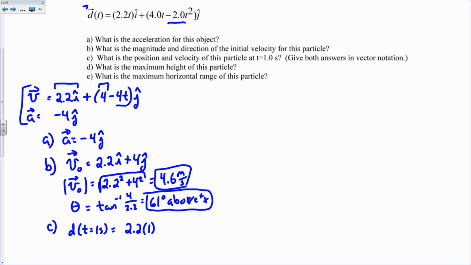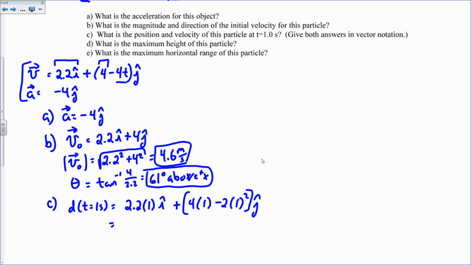That's from this function up here in the i direction, plus 4 times 1 minus 2 times 1 squared. That's in the j direction. All right, so that's equal to 2.2i plus 0j.